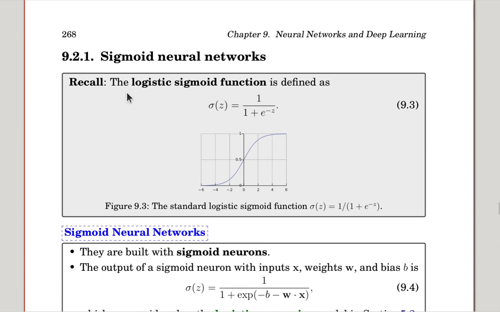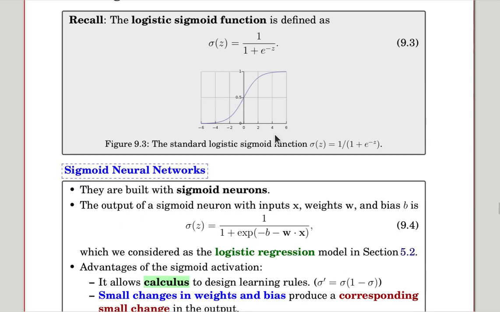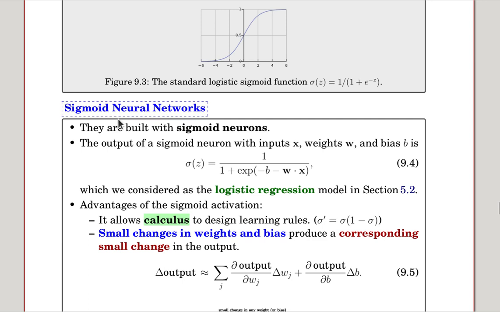Earlier we studied the logistic sigmoid function defined as in this equation, so that pictorially the output of the sigmoid function is between 0 and 1. Here the sigmoid function is applied to the net input.